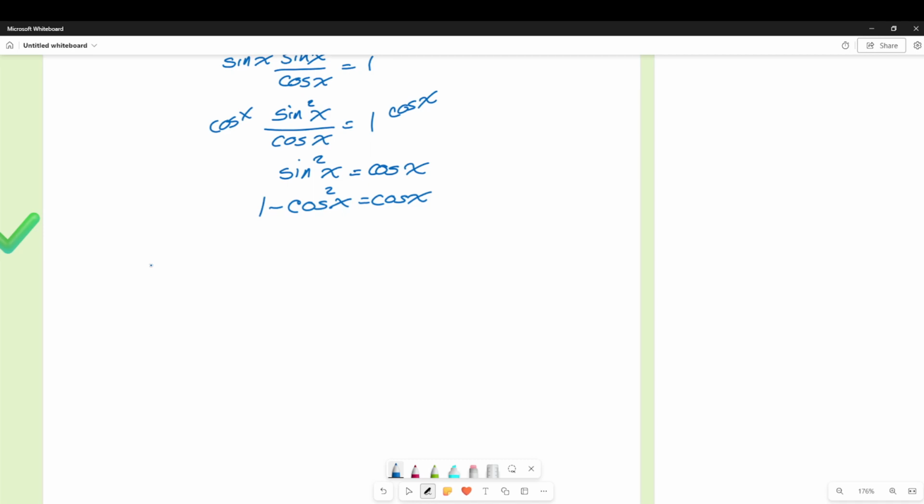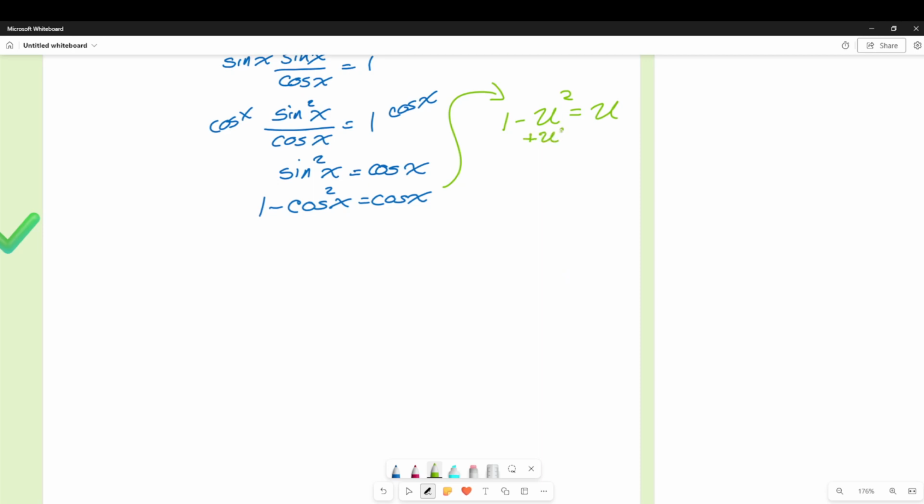I kind of like it set equal to 0, but at this point, do I want to go off and think of it as 1 minus u squared equals u? Or do I want to keep with the cosine functions? It's really up to you.